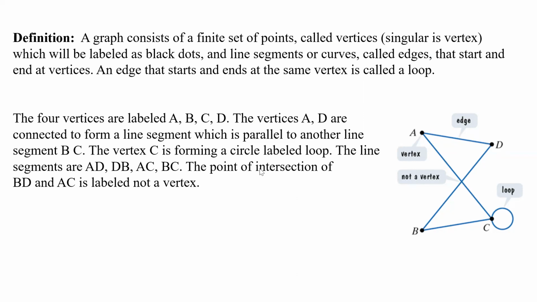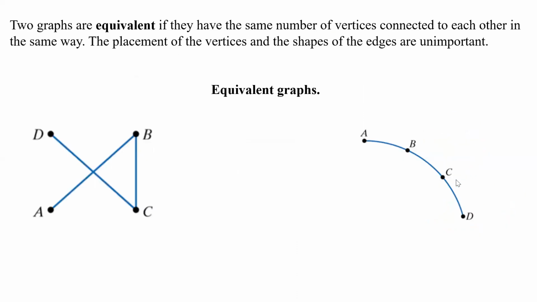And then the vertex C is forming a circular loop, like I talked about a little bit ago. The line segments are AD, DB, AC, and BC. Now, the point of intersection of BD and AC, again, is not a vertex. So remember that's not a vertex.